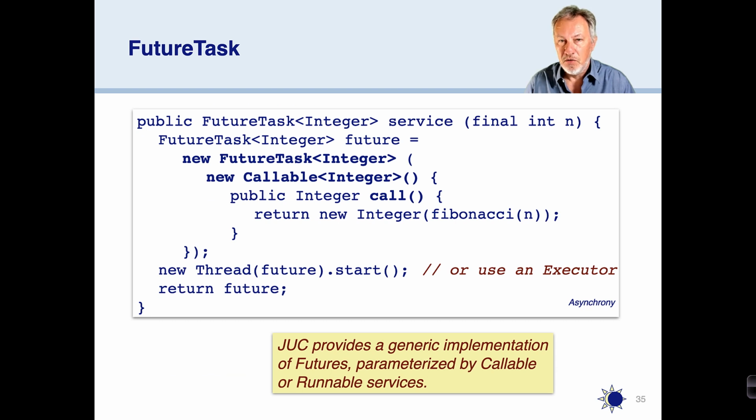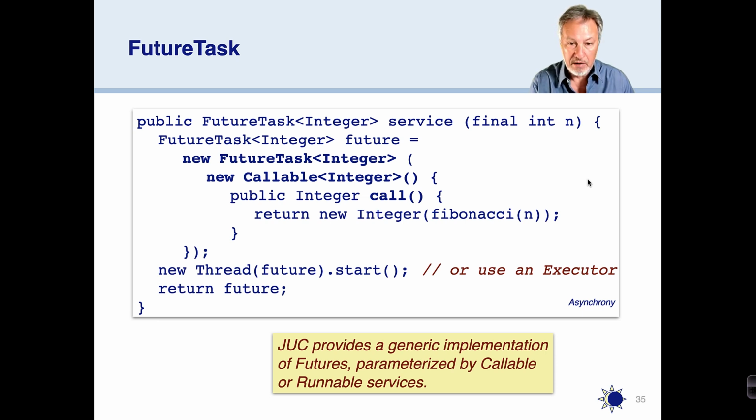I showed you earlier a possible implementation of a future as an abstract generic class. This is not the one that's implemented in JUC. JUC also provides a future called FutureTask. It's a generic implementation of futures, and it's parameterized by callable or runnable services. Here's an example.